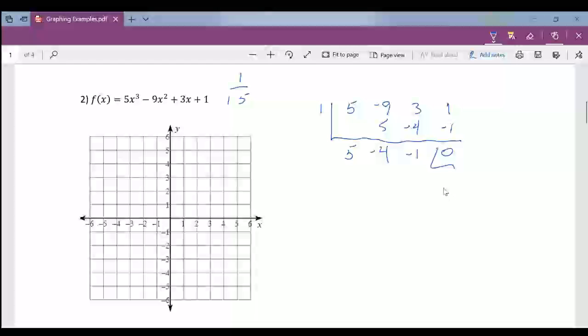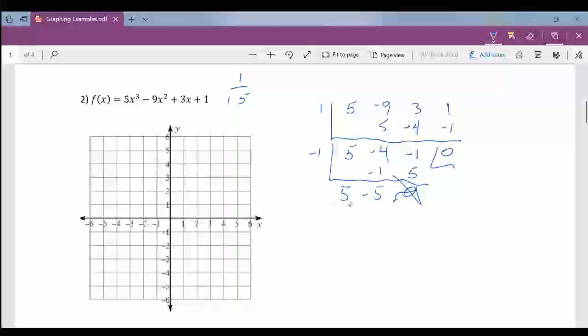Okay, so now we need to come up with a number to use next. We can do 1 again, or we could try -1. Well, let's try -1, see what happens. I am not feeling this one. Yeah, no, that is definitely not going to be a 0.